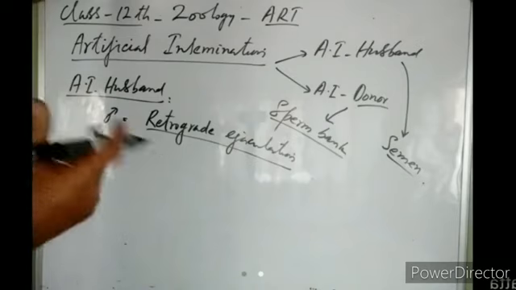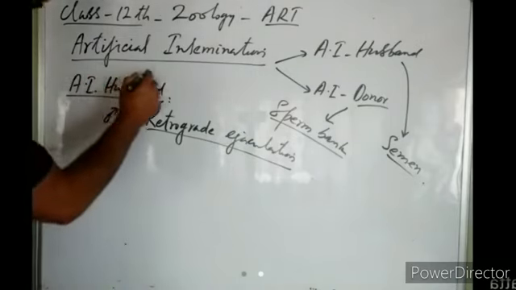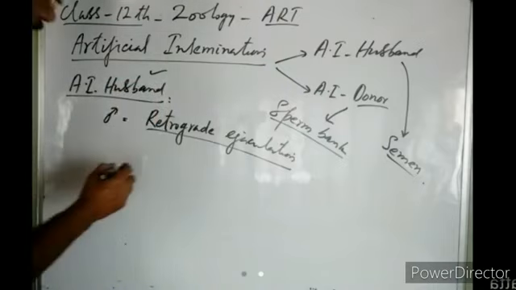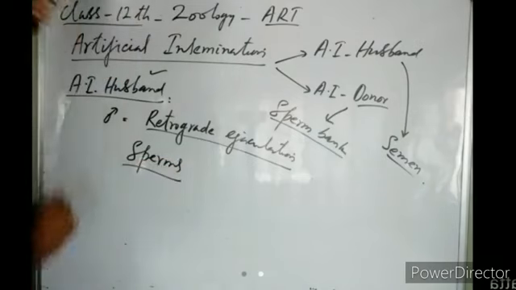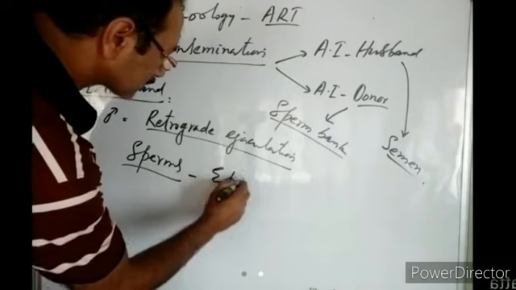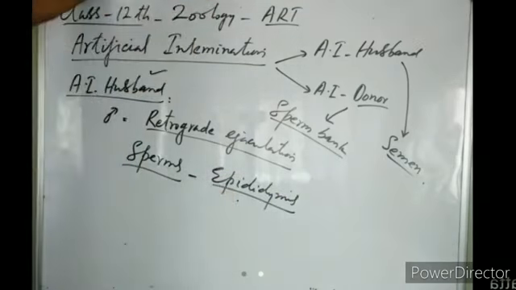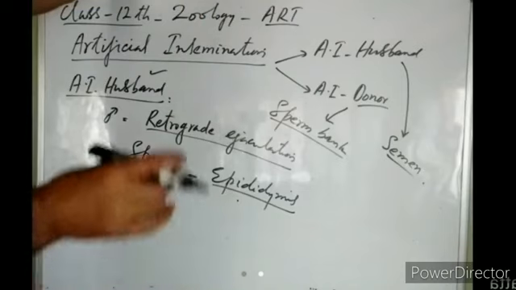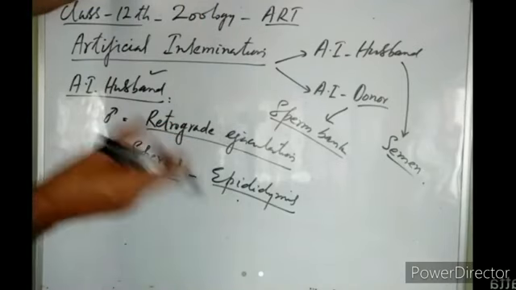So we can overcome this infertility problem. How? By surgical procedure. By surgical procedure, the husband's sperms are extracted from the epididymis before ejaculation. A minute cut is given in the scrotal sac, and through that minute cut, the epididymis is also cut, and from the epididymis, the sperms are extracted.